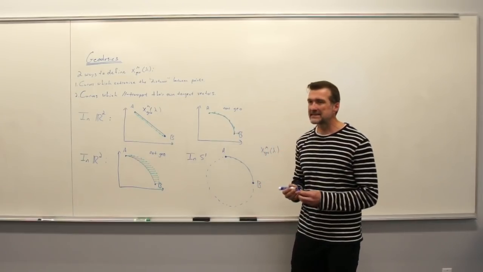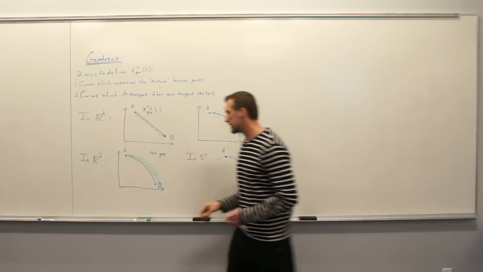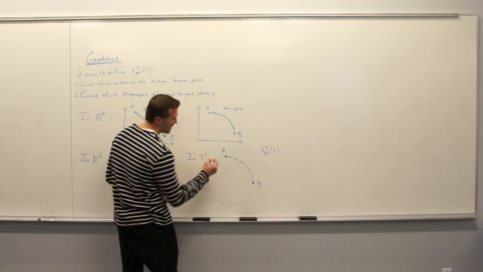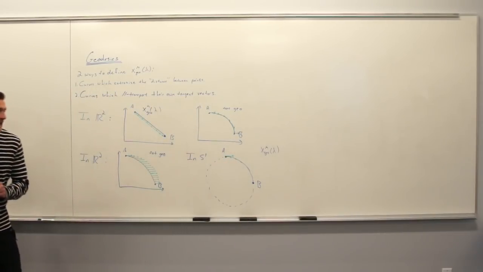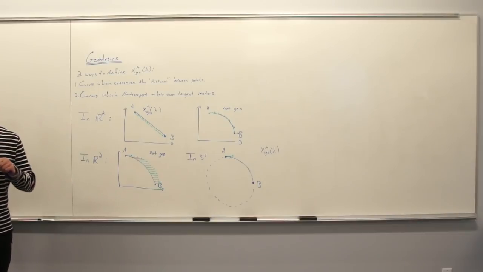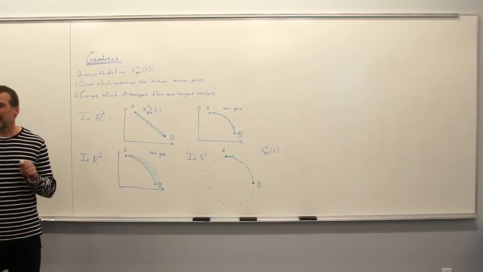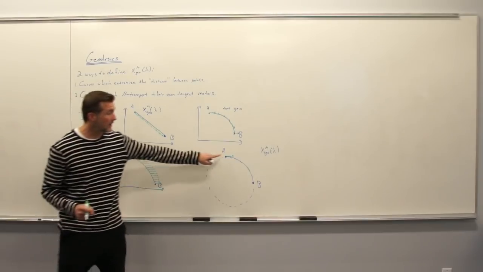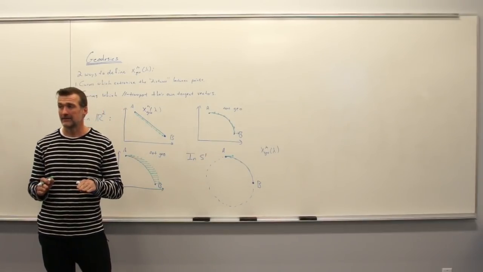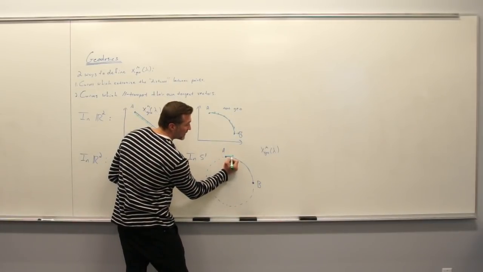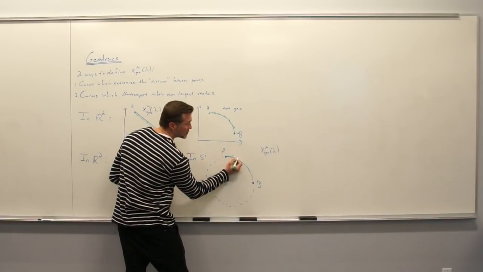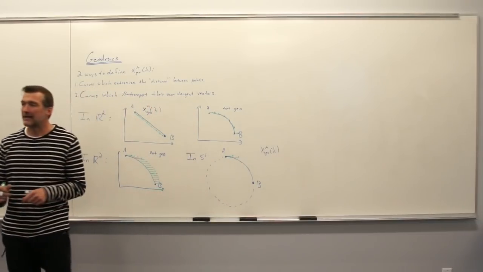Okay? But let's see how it satisfies the second criteria. First of all, let's start with a tangent vector at A. Okay? If I take that tangent vector and I want to parallel transport it, I want to keep it as parallel to A, or to the vector here, as I possibly can. But when I get to the next point on the path, notice I cannot draw a vector that points like that.